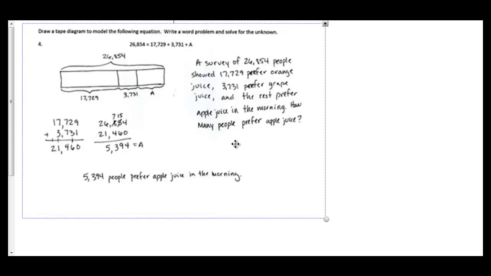Your problem could have had any kind of context, but I said a survey of 26,854 people showed 17,729 prefer orange juice, 3,731 prefer grape juice, and the rest prefer apple juice in the morning. How many people prefer apple juice? Regardless of what your story is, when you solve for a, you should have found that the value of a was 5,394. In my case, 5,394.